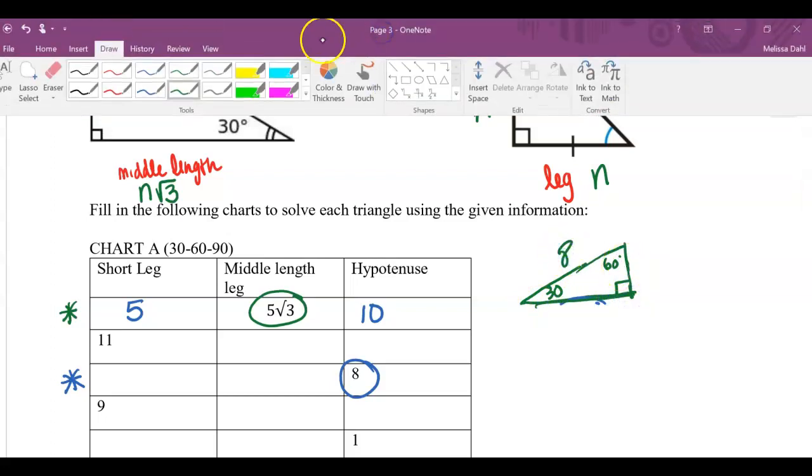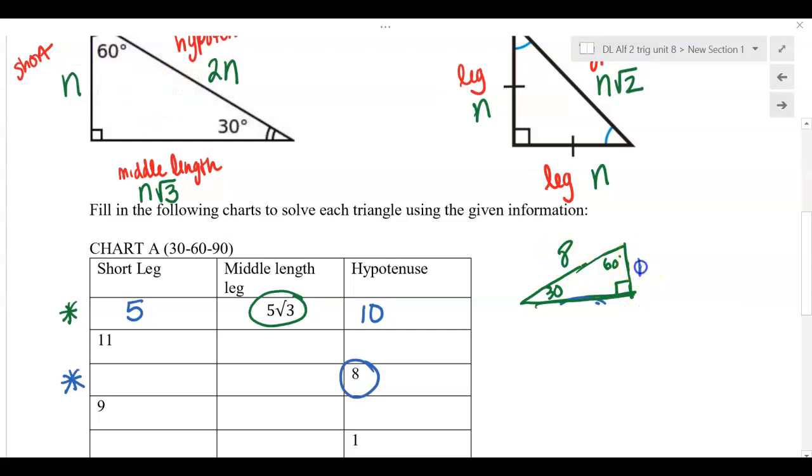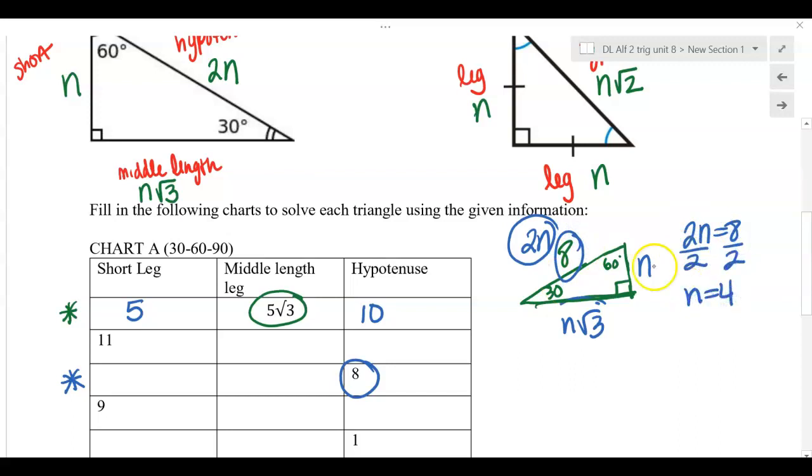So when I think about my pattern, what they're giving me is that double that number I want to know is equal to 8. So double some number equals 8. If I solve that mini equation, the number is 4. So the short leg is 4 and the other leg is 4 times rad 3.